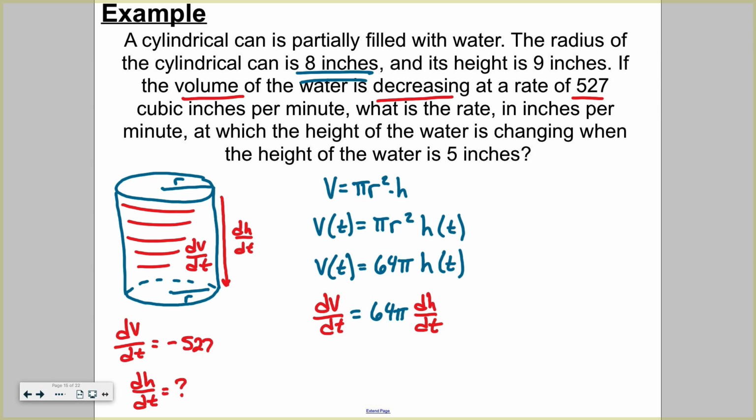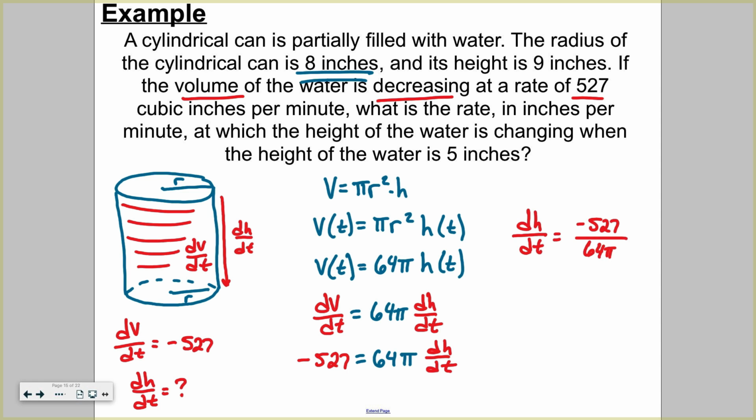So we can substitute in negative 527 is equal to 64 pi times dh over dt. And then we can just solve for dh over dt. So let's see, dh over dt is going to be negative 527 all over 64 pi. And let's see if we can simplify that.